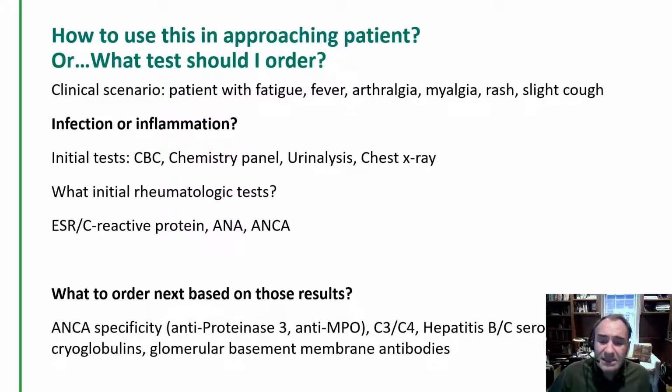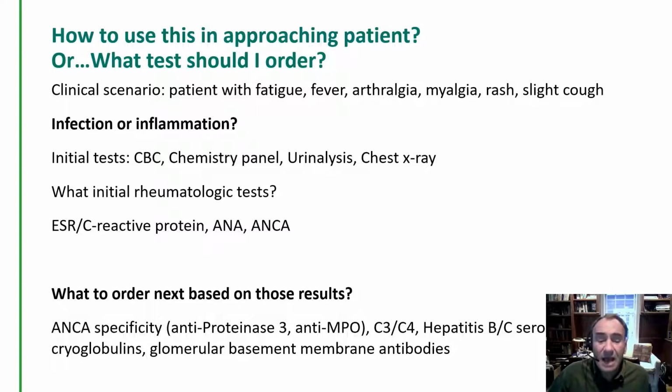So then, based upon the results of those tests, what to order next. So these are tests that should not be ordered up front. They should be ordered after you have at least a little bit more lab information. What would those include? Well, the ANA, like all tests, is not perfect. So you might have an ANA screen that's negative, but in fact, they have a clinical picture quite consistent with one of the ANCA-associated vasculitises.